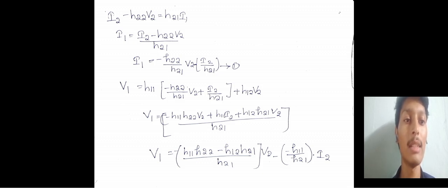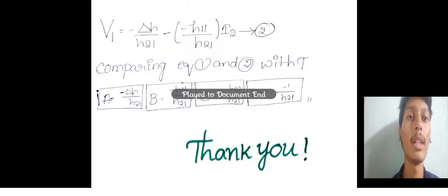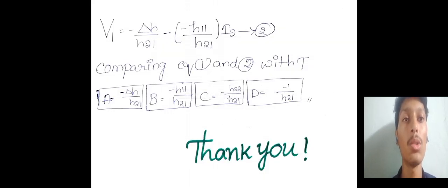V1 equals (H12 H21 minus H11 H22) by H21 into V2, plus H11 by H21 into I2. From that we get V1 equals minus delta H by H21 V2 plus H11 by H21 I2. This is equation 2.